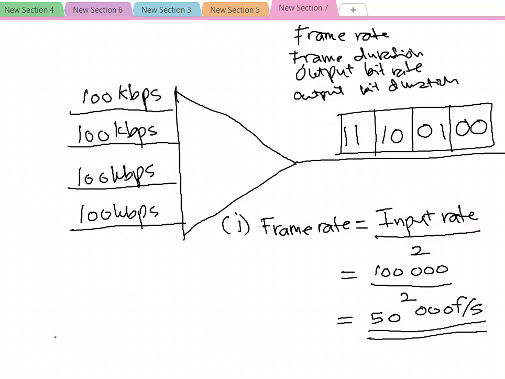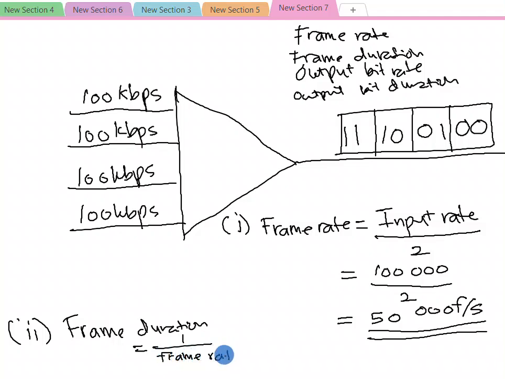Okay, next. Dah dapat frame rate, you can get the frame duration. So frame duration equal to 1 over frame rate. Okay. Sama dengan 1 over 50,000 tadi. So you will get, okay, use your calculator to find.